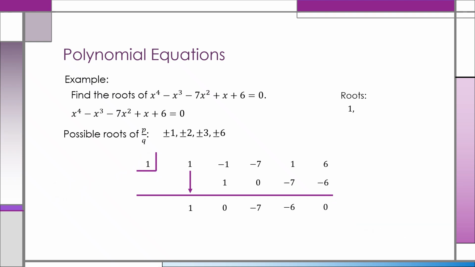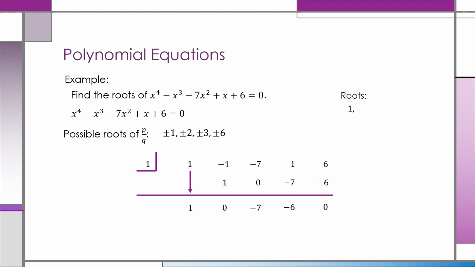Next step, take a look at the numbers on the below row or bottom row. Question, how many numbers are left except the remainder on the bottom row? If you said 4, then this is correct. But remember, if the bottom row has 3 numbers remaining except the remainder 0, then we will write this in quadratic form.